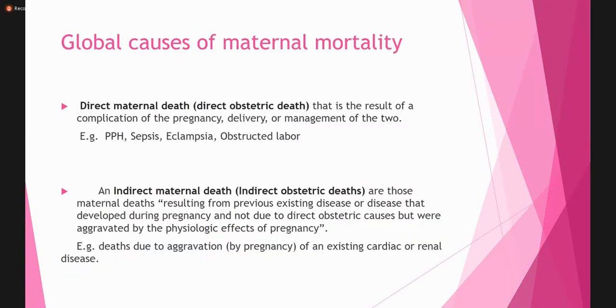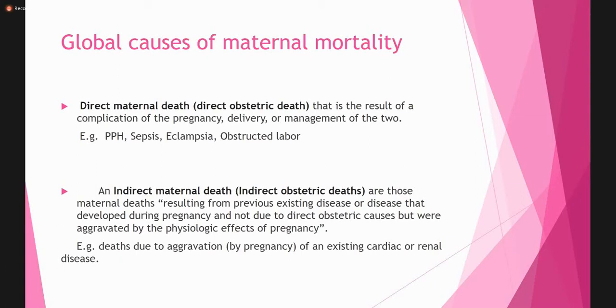The global causes of maternal mortality. There are certain direct causes and indirect causes of maternal death. So the direct maternal death, the direct obstetric death, or the obstetric cause leading to the death of the mother, is the result of a complication of pregnancy, maybe any complication during pregnancy, and then delivery or management of the two, which has led to the death of the mother.